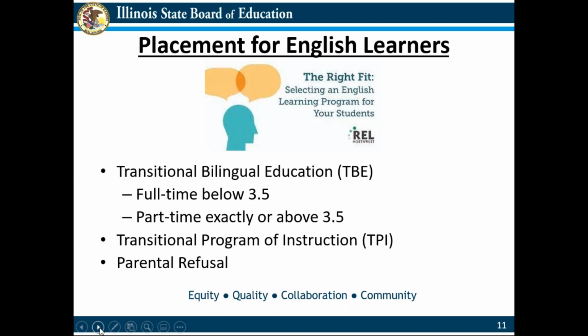If the student scores above 3.5 on the screener or the ACCESS scores, then that student will be placed into the part-time TBE program. So we have the transitional program of instruction, which I mentioned before, which is for 19 or fewer students of the same language.